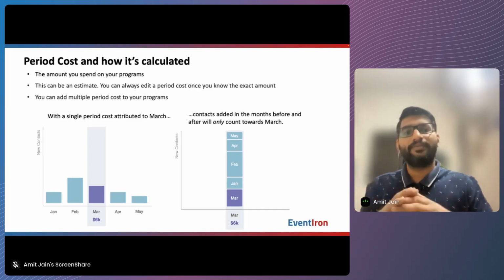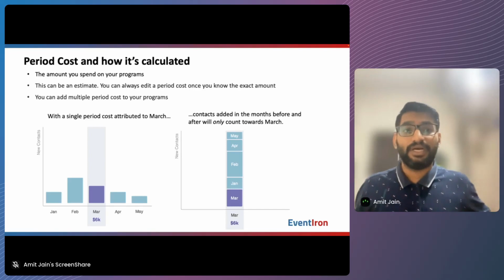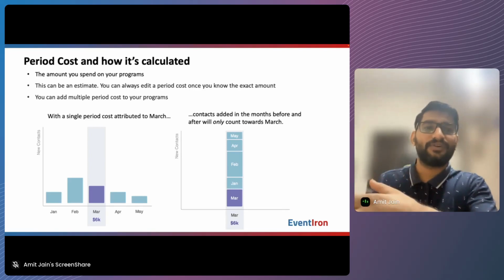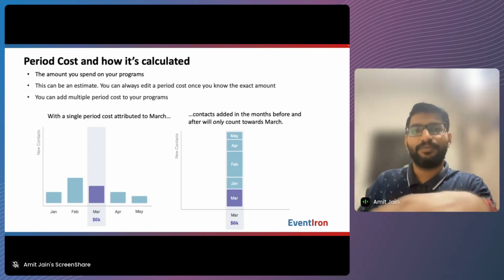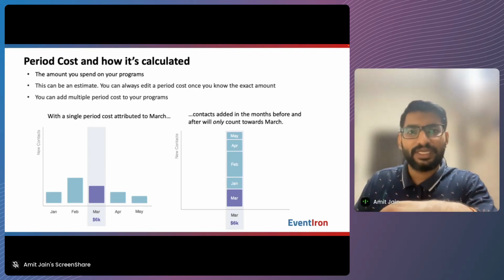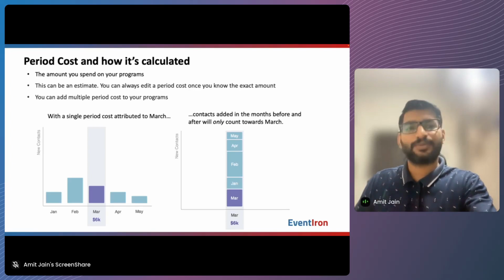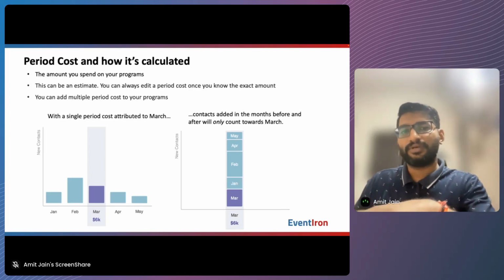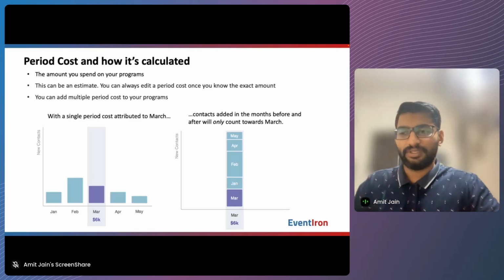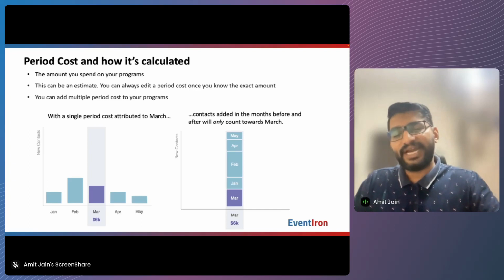So you can add multiple, or maybe you want to add a higher amount for some specific months, maybe because certain events are happening on your side, or some product announcement is happening and you want to promote that particular ad better.